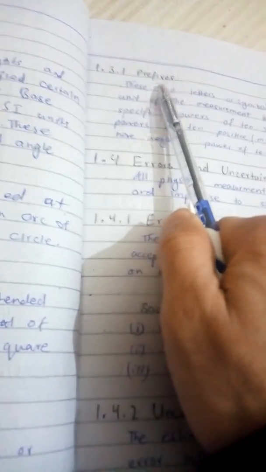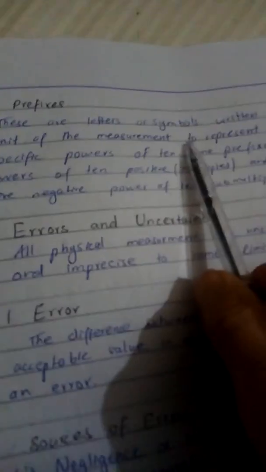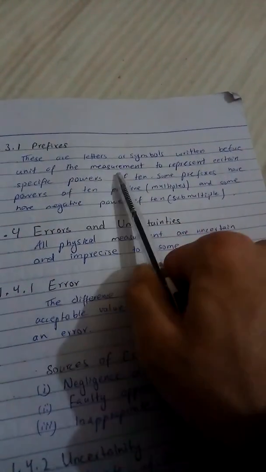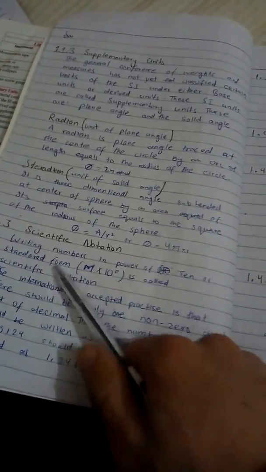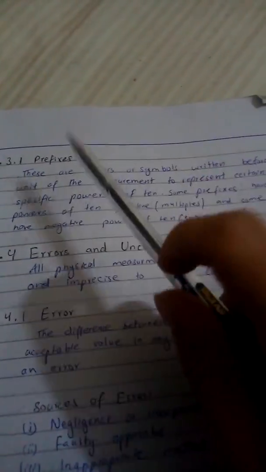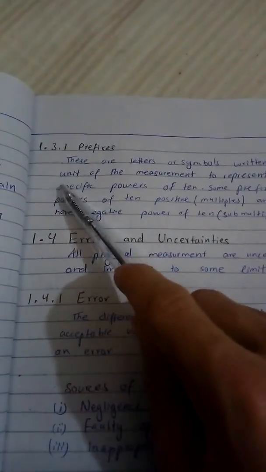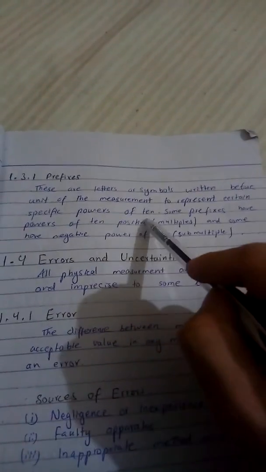It's called prefixes. Now what the heck are these? Prefixes are letters or symbols written before the unit of measurement to represent a certain specific power of ten. We said that scientific notations are numbers written in powers of 10, but prefixes are symbols used before the unit of measurement to represent a specific power of ten.